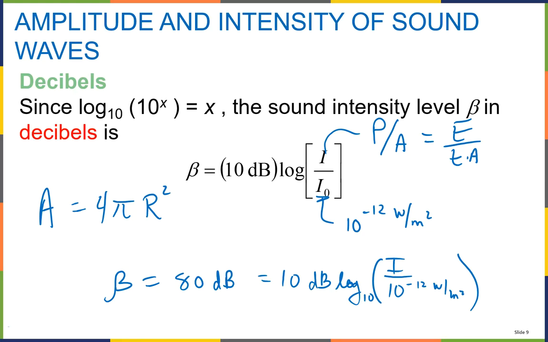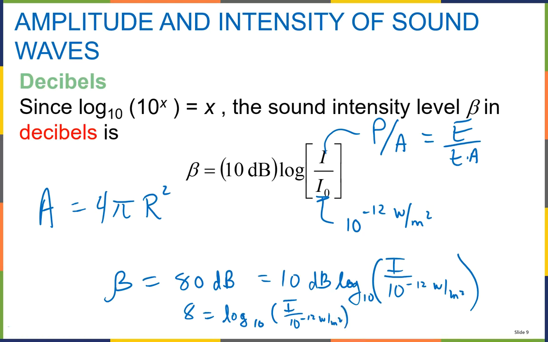So if I take this equation, the first thing I would do is divide both sides by 10 dB, so I have 8 equals log base 10 of I over 10 to the minus 12 watts per meter squared.